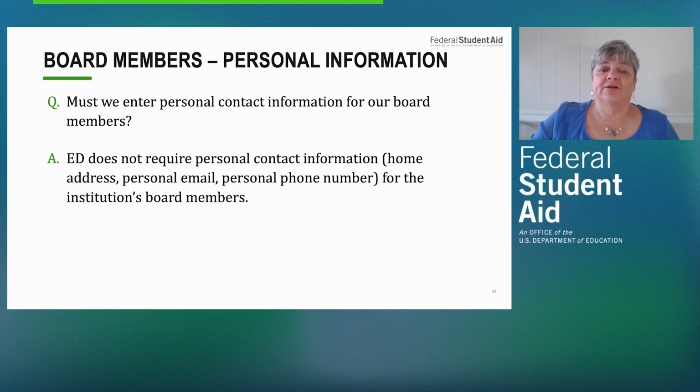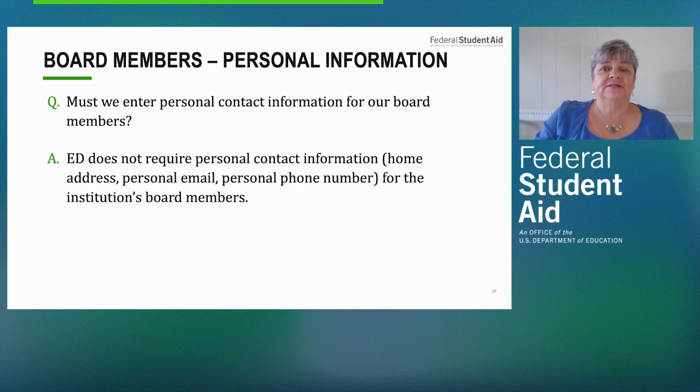You are required to enter each board member's full name, including middle name if they have one, the job title at the school, and their email address. The email address must be one they will check regularly. This can be an individual email address that was assigned by the school.